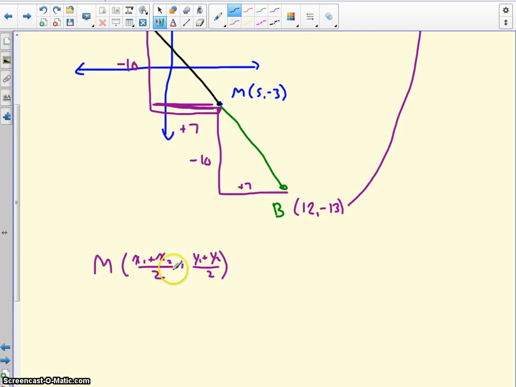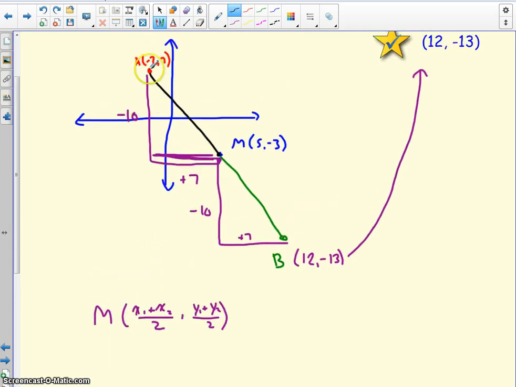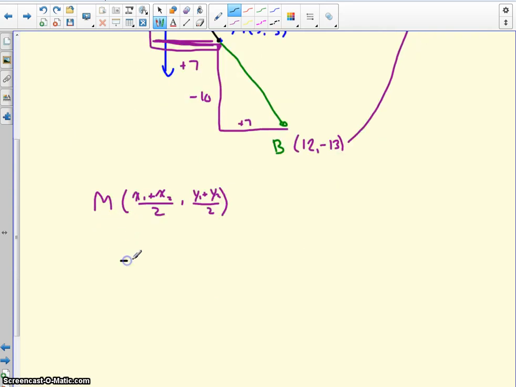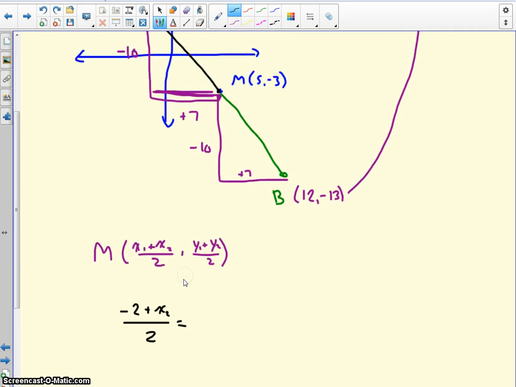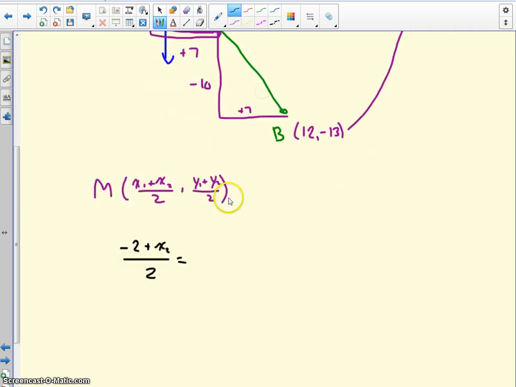So these x1s and x2s come from my two endpoints. My first endpoint has an x value of -2. So if I take -2 plus whatever my second x value is, I'll call it x2, and divide it by 2, I know what the x value of my midpoint is. It's going to be 5.